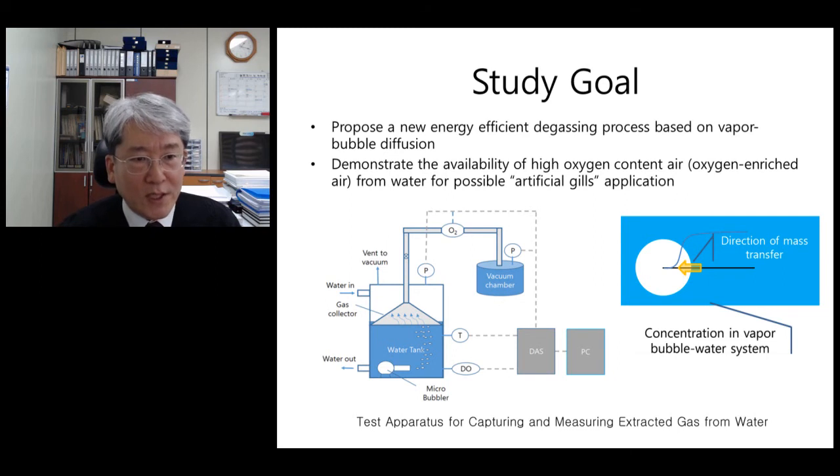What we want to declare is that a higher oxygen content air can be obtained by extracting dissolved gas in water. To accomplish this, we propose a new energy-efficient degassing process based on vapor bubble diffusion, which is characterized by the diffusion through micro vapor bubbles generated under lower pressure along with a 12-volt DC-powered microbubble generator.